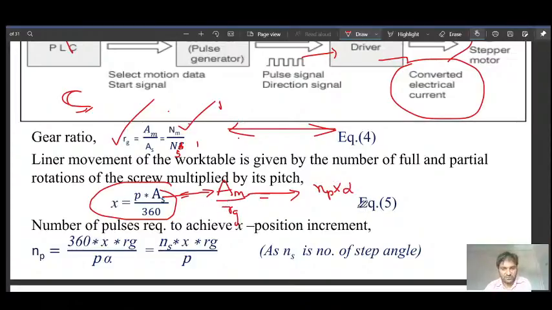So we will put it here and rearranging for np. So let me do it for you here.